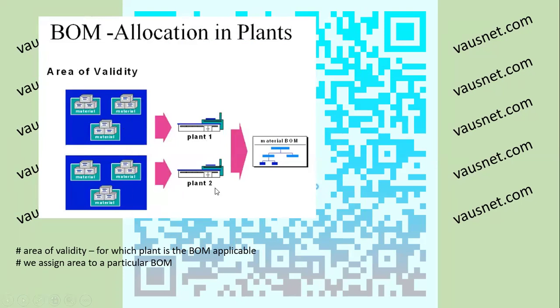This is very ideal for automotive plants, where the chassis, for example, will be assembled at this place, and the powertrain of the bike will be assembled at that place, and that will actually be collected in the material bill of materials. So we assign an area, the area of validity, to a particular bill of material.